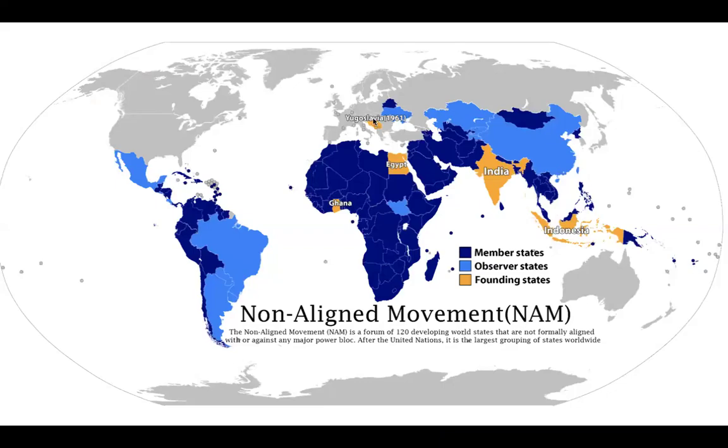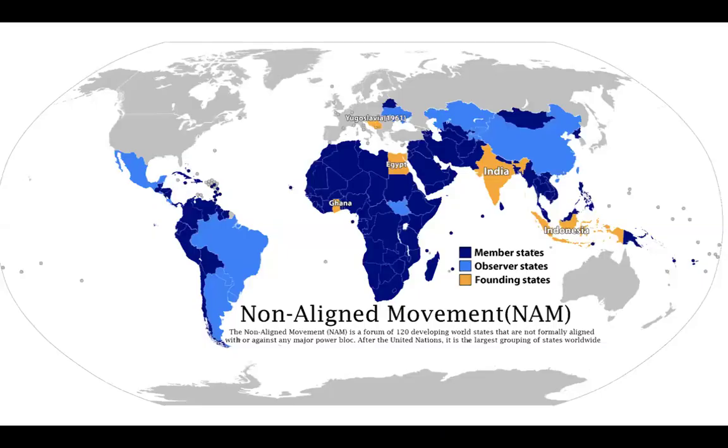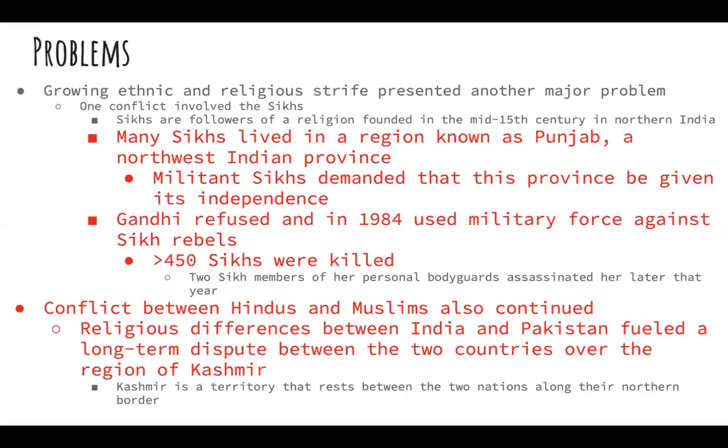So I think that's Slobodan Milosevic right here. Sukarno from Indonesia. You got, I don't know his name. But this is the non-alignment movement. That's Indira Gandhi.